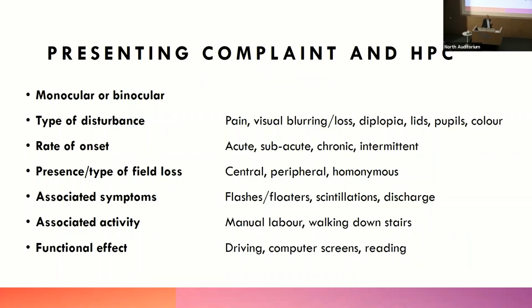Scintillations are common in migraine. People will get a visual aura, which can include flashing lights and a moving light. And then discharge, which you tend to get with conjunctivitis: clear mucus discharge, or a thick white discharge if it's bacterial.